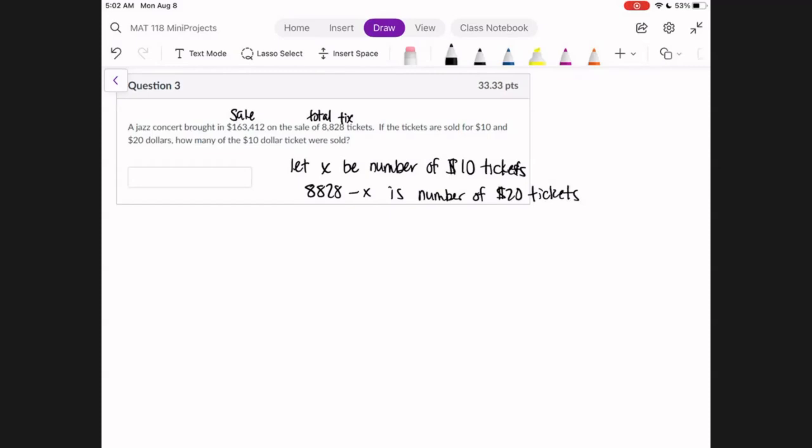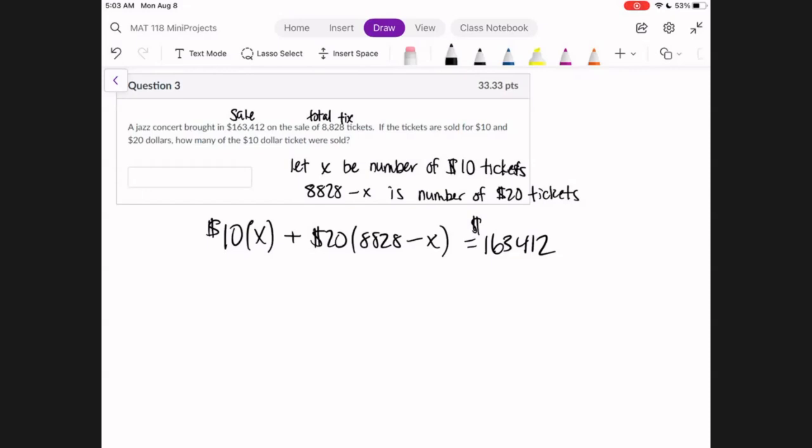And then think, if I have how many I sell of one price, I multiply that, and then take the other price, multiply how many I sold of that, then I can add them together, and that would give me the total amount of money I would bring in, right? So I could do $10 times x plus $20 times 8,828 minus x, and that will equal the total that I sell. Okay. So I just need to simplify.